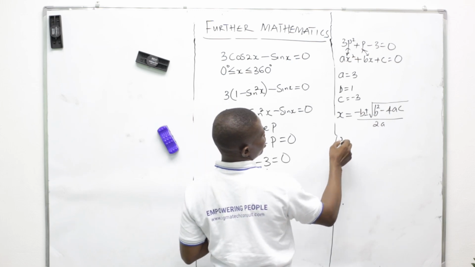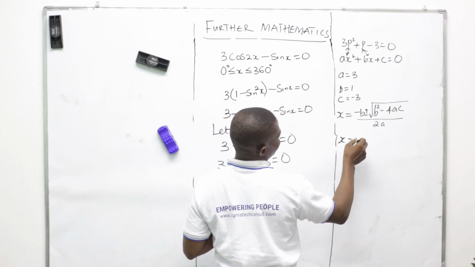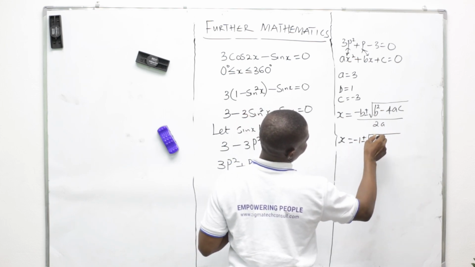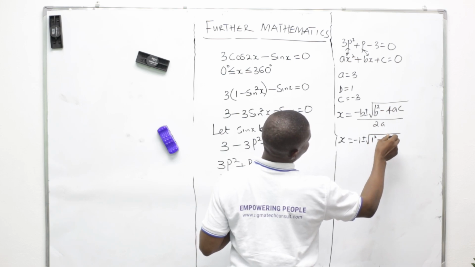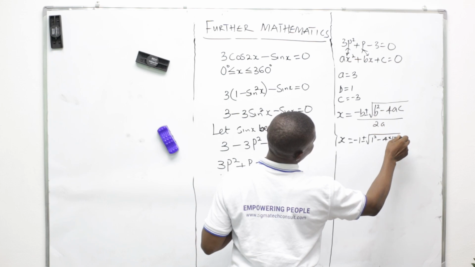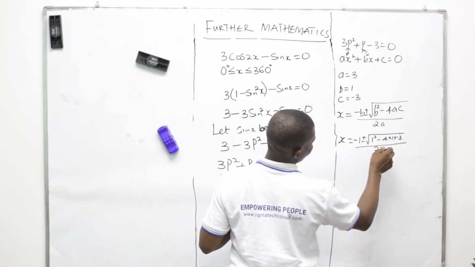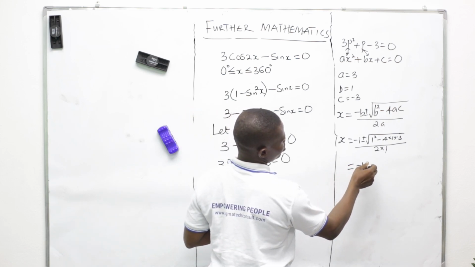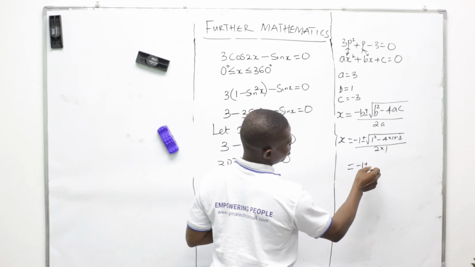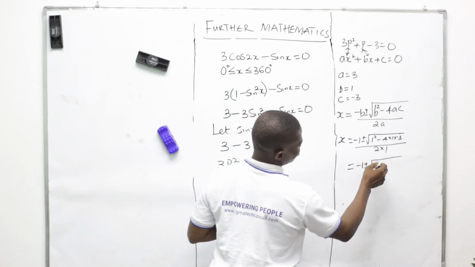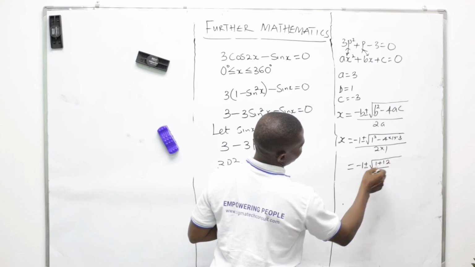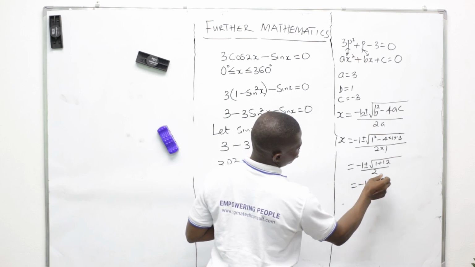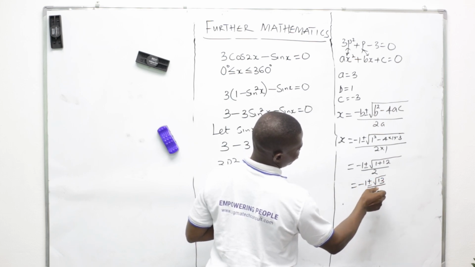So that x equals minus 1 plus or minus square root of 1 squared minus 4 times 3 times minus 3 all over 2 times 3. This will now give us minus 1 plus or minus square root of 1 plus 12 all over 2, to give us minus 1 plus or minus root 13 all over 2.